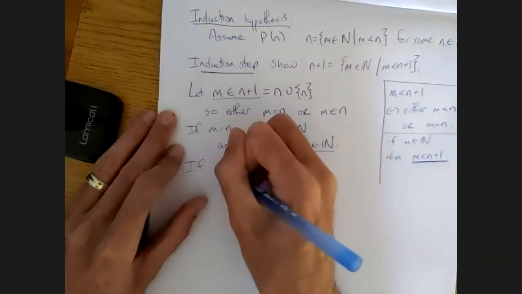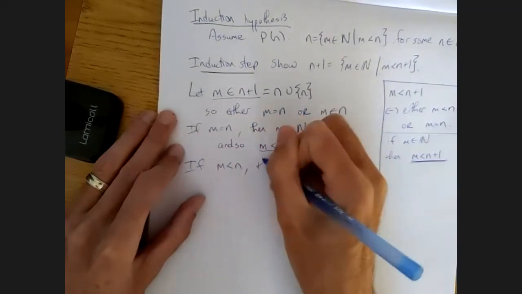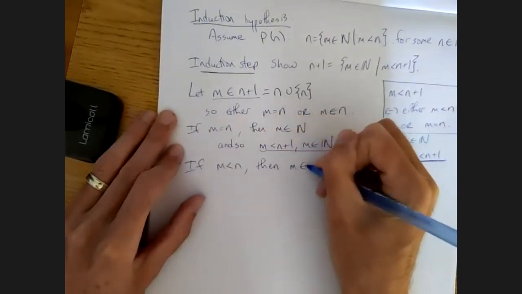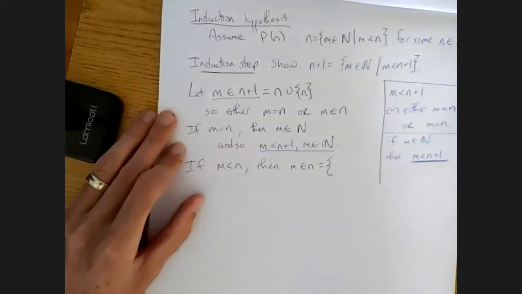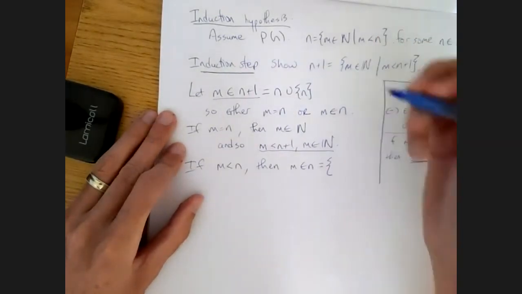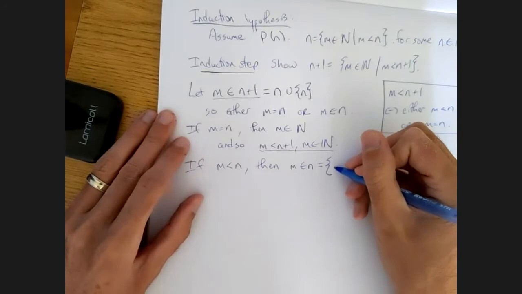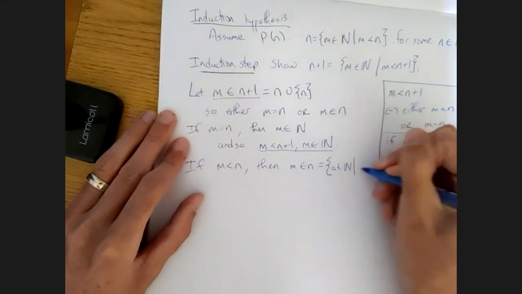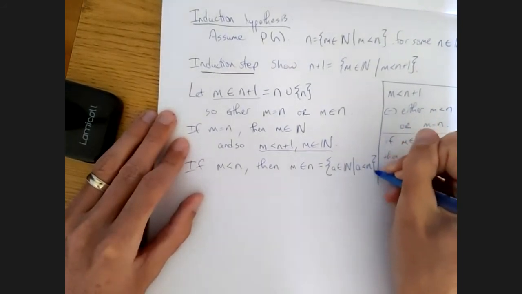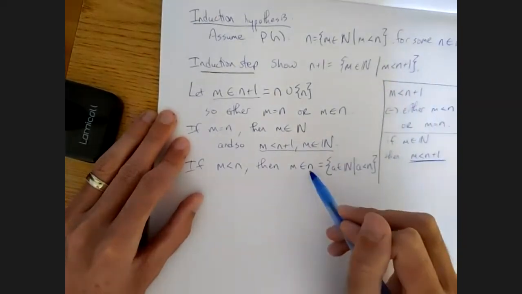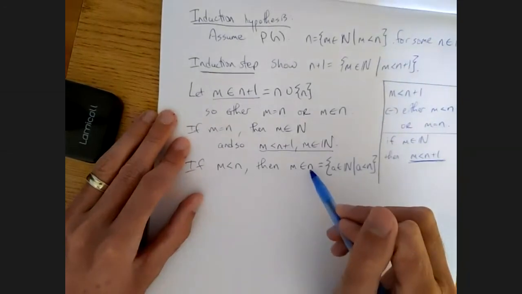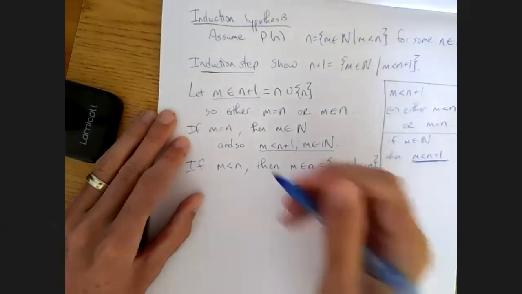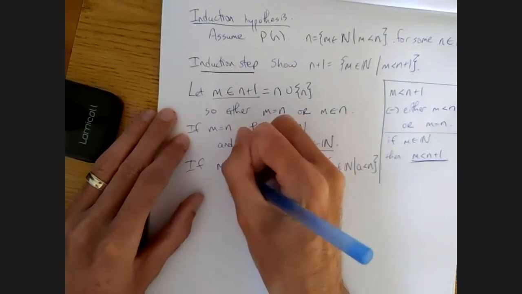The other case is that m is less than n. Well, if m is less than n, then m is an element of the natural number n, which is the set of all, so now I've used the letter m too many times, so I'll write this as all the natural numbers a such that a is less than n. Our induction hypothesis says that n consists of all the natural numbers less than n.